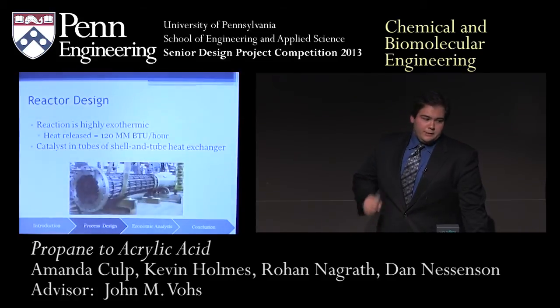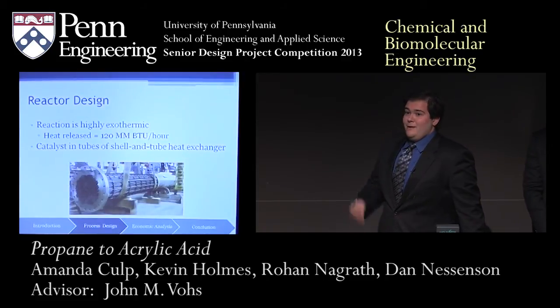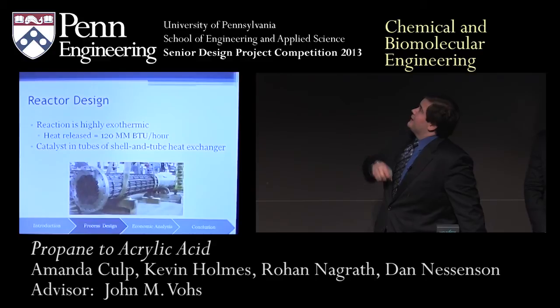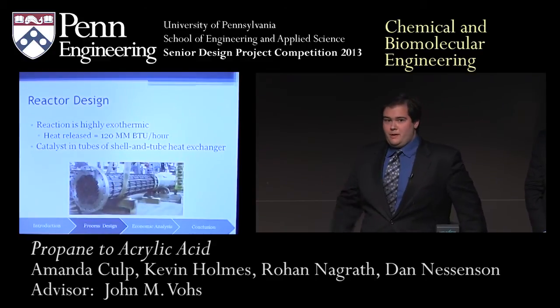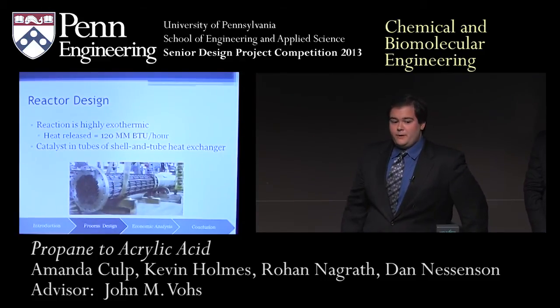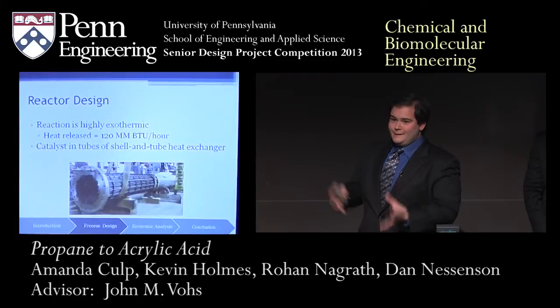So our reactor design, very early on, we realized that we have a very exothermic reaction on our hands. You can see we produce about 120 million BTUs per hour. That's even with the small conversion rate of propane. Just to put that number in perspective for you, if you had that amount of energy to power washing and drying machines, you could do about 6,000 loads of laundry an hour. So it's just a lot of heat.